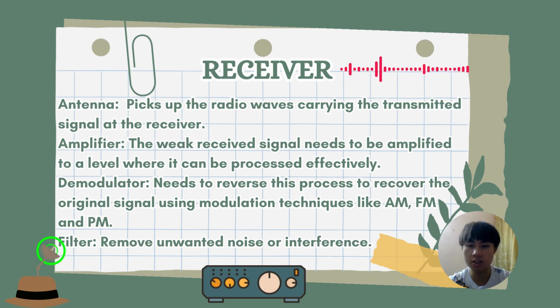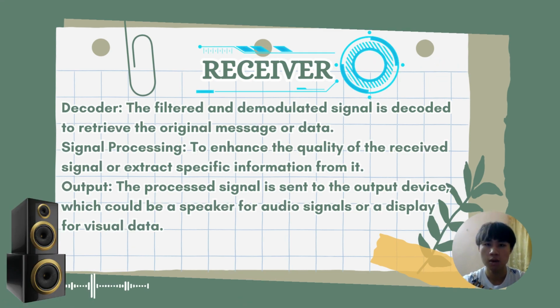And then for the filtering, after the demodulation, the signal may still contain some unwanted noise or interference. Filtering is used to remove these unwanted components, leaving behind the desired information. After the filtering section, the filtered and demodulated signal is decoded to retrieve the original message or data.